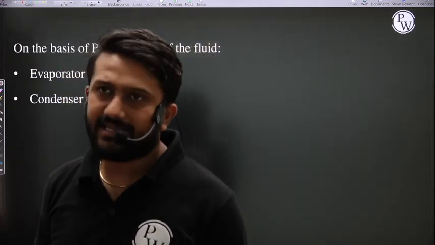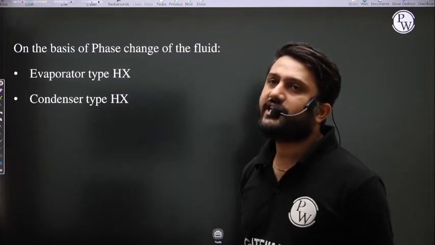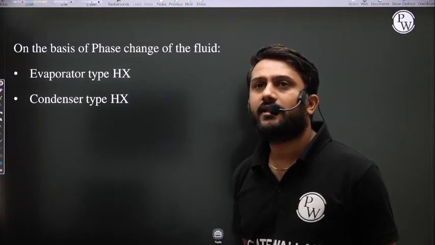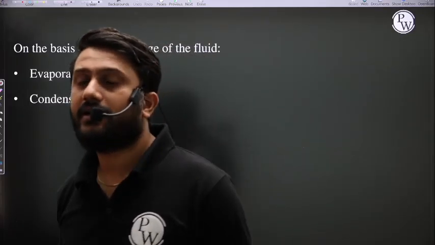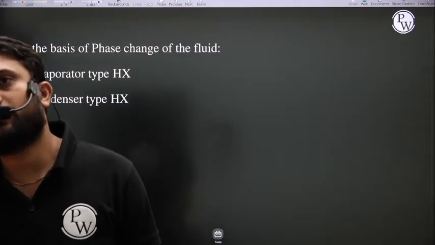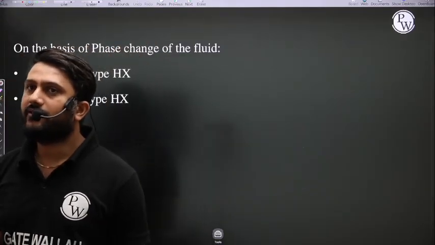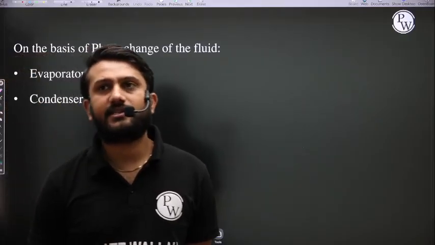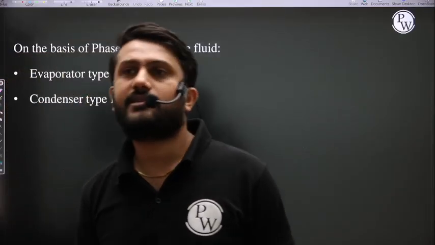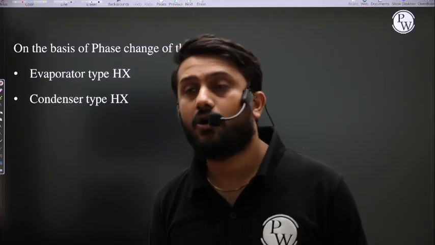That means if you classify the heat exchanger on the basis of phase change of the fluids, there are the evaporator type and the condenser type of heat exchanger, and one thing is common, that is a phase change of one liquid.